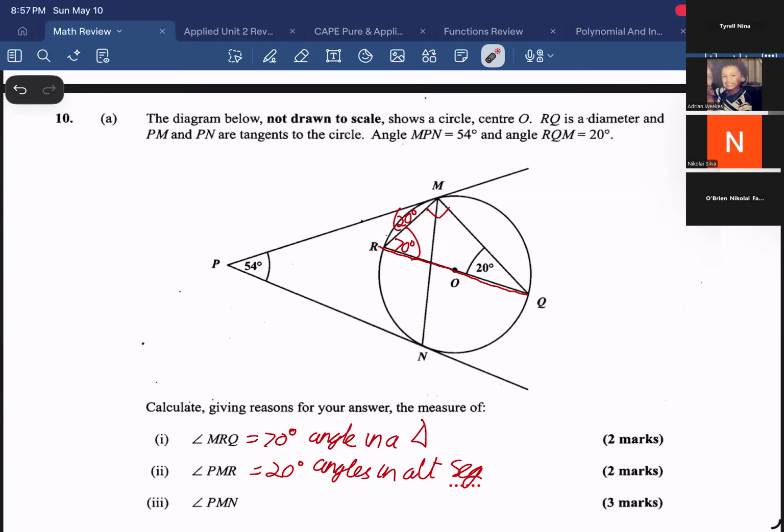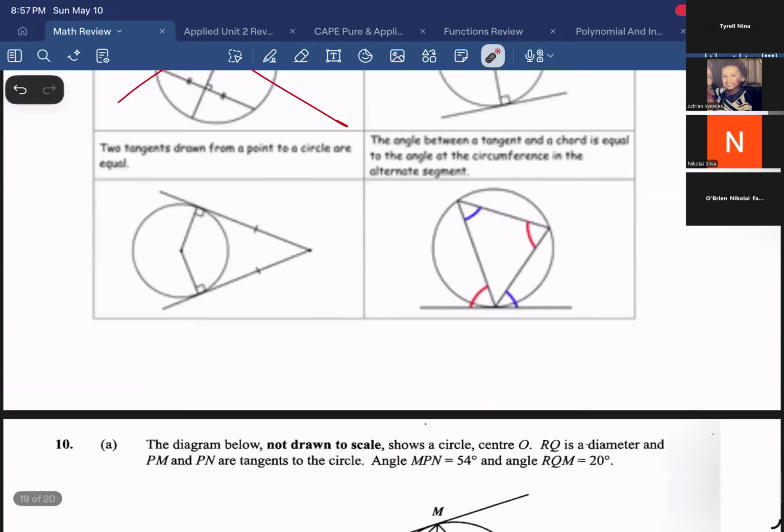A bit of a problem here. Is the triangle isosceles? Is this angle here isosceles? And let's look back at our rules.